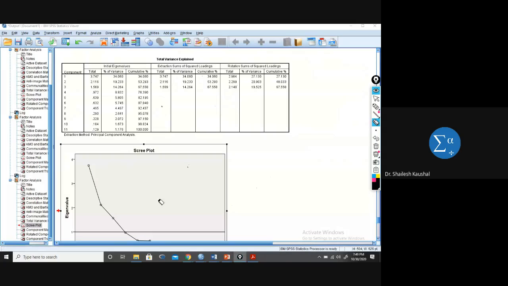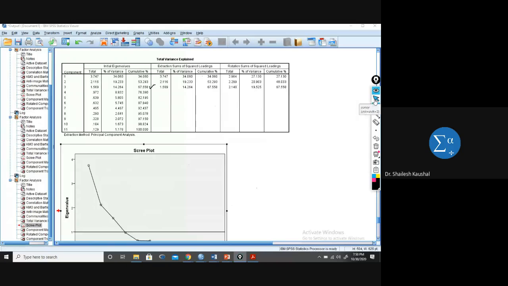Then you can take the eigenvalue 1, and another criterion is that the cumulative variance should be greater than 60%. So here it is 67.538. It is cumulative.